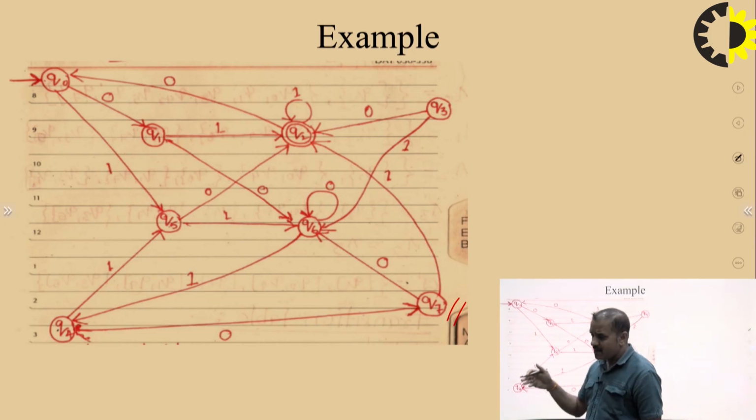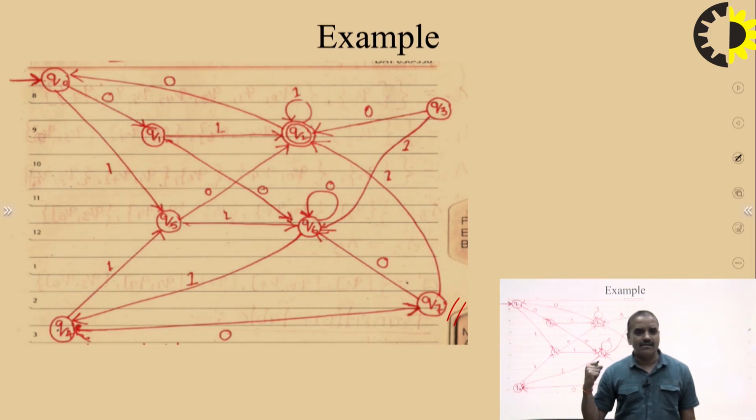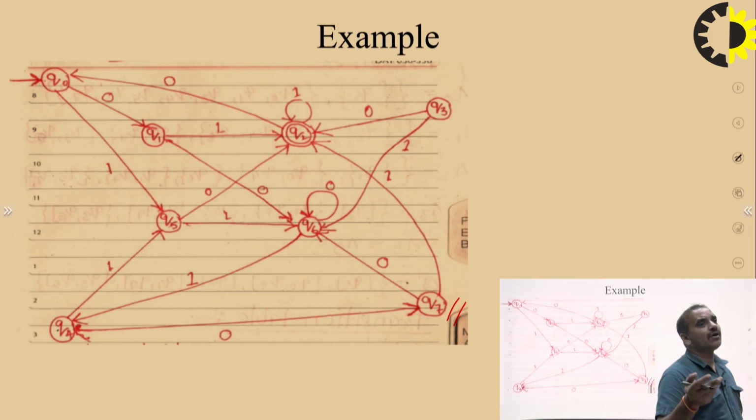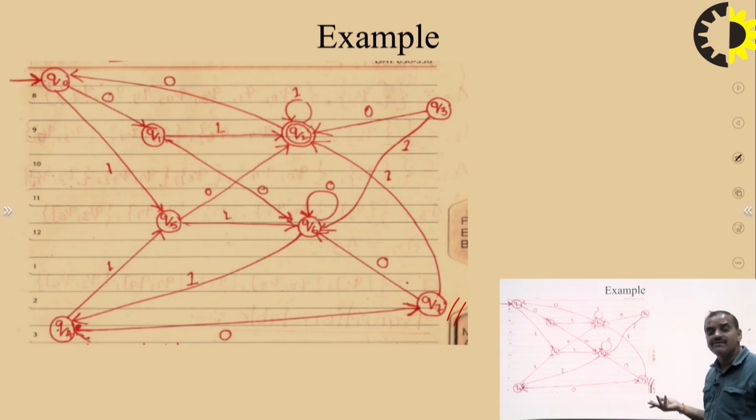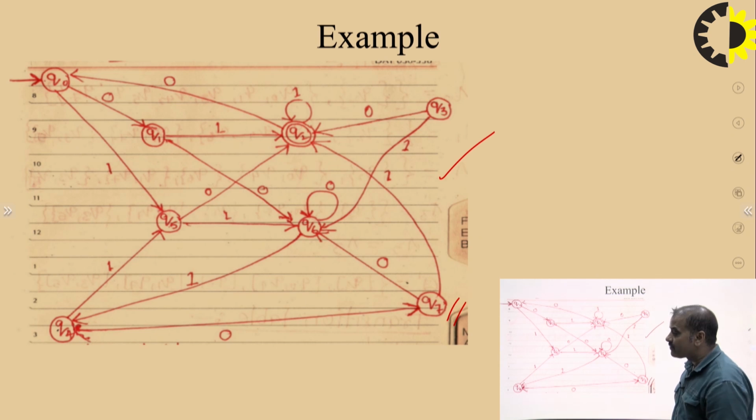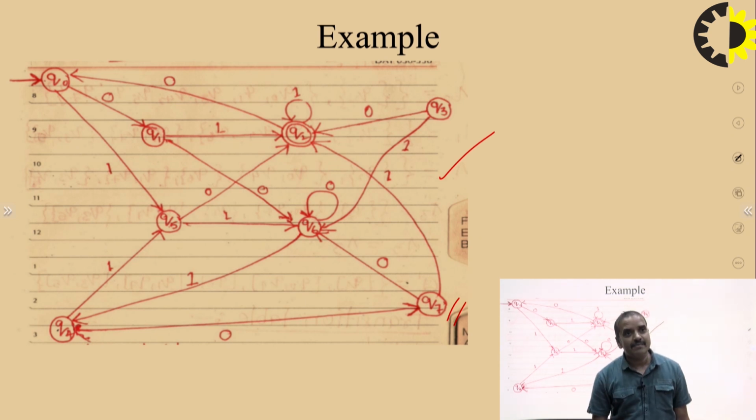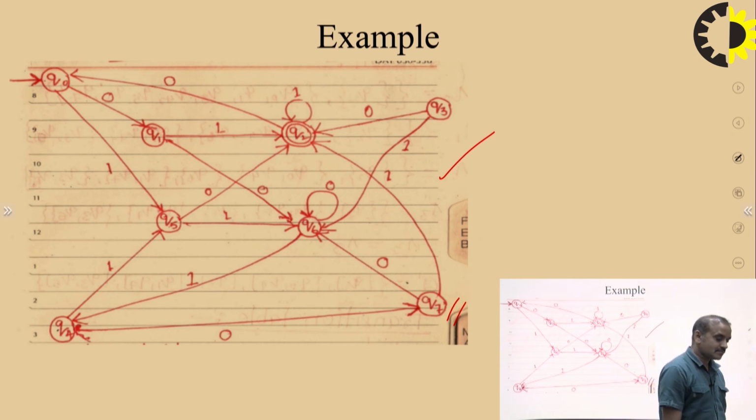First, according to this method, we have to draw a table. This is the straightforward method and we can find the solution efficiently. The question may be given in the form of a diagram or in the form of a table.